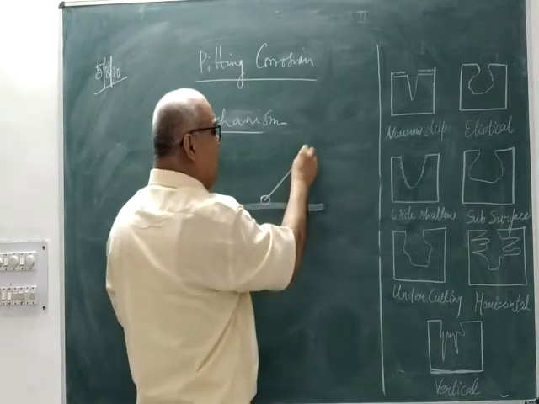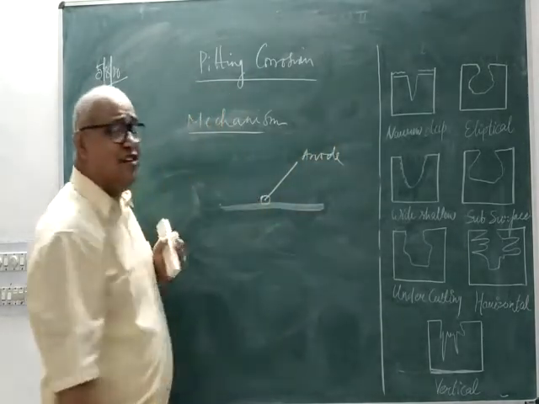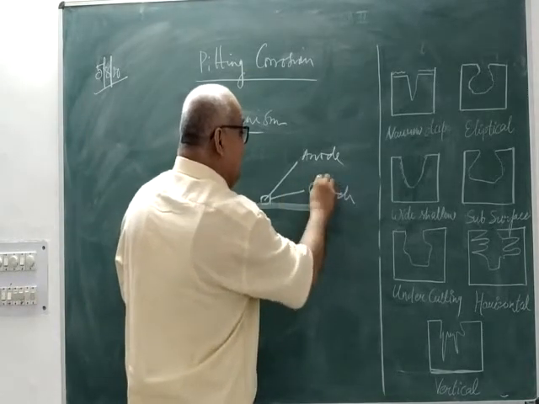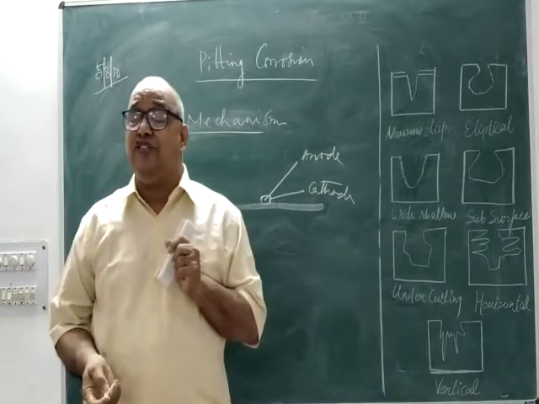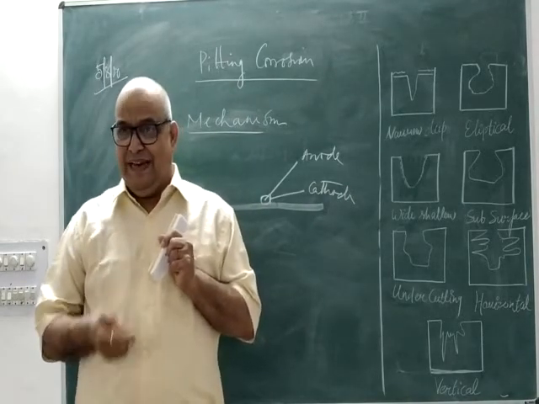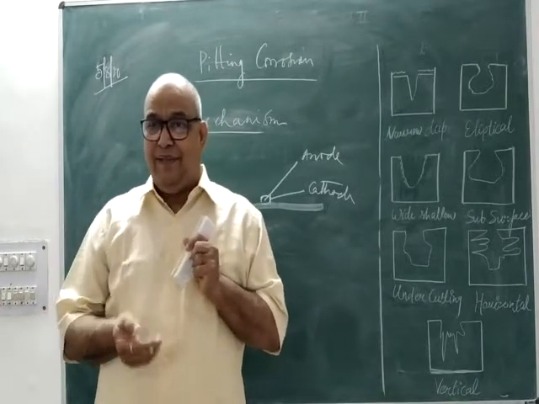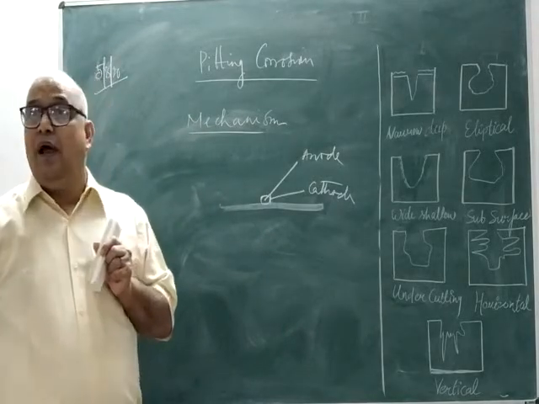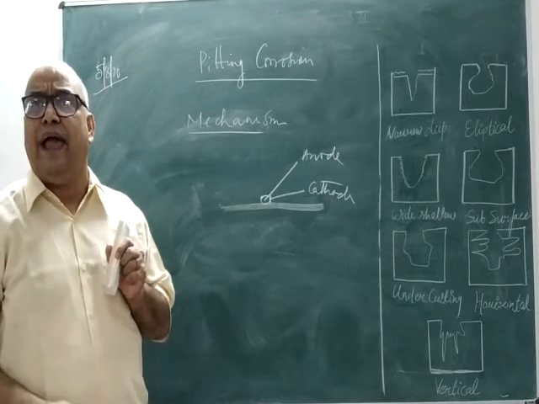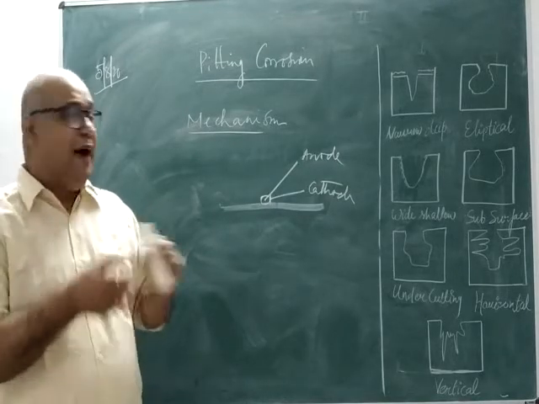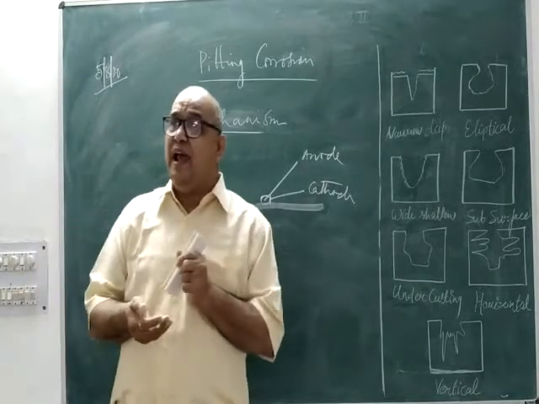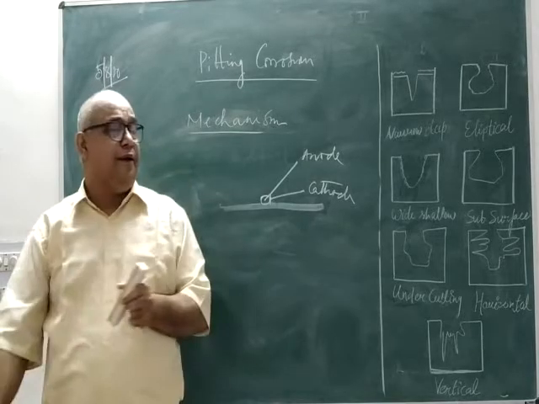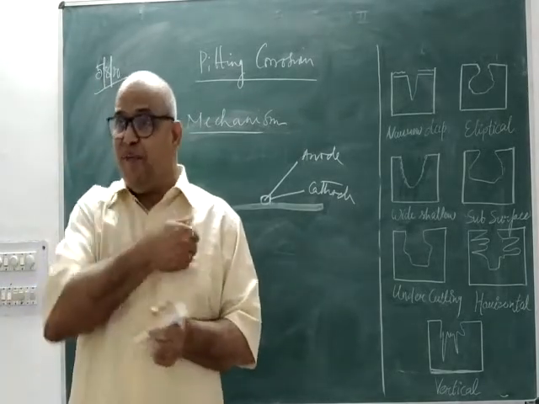The center of the droplet will become your anode because oxygen concentration will be minimum, while the outer part will have maximum oxygen, and therefore a differential aeration cell will be produced, resulting in pitting corrosion. That is why we say that even if no chloride ion is present in the environment, pitting corrosion may proceed through this phenomenon.